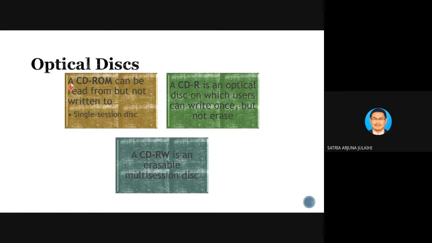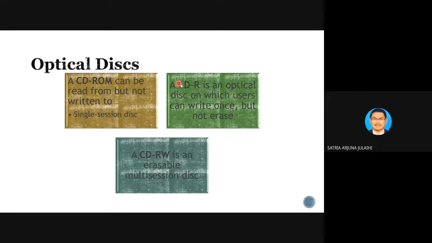If you have a CD-ROM, yang sekarang ni pun sudah kurang orang guna CD, because it is bulky. If you are talking about CD-ROM, it means that you buy the CD, the CD already has content in it, and you cannot write something else on the CD. So that is CD-ROM.